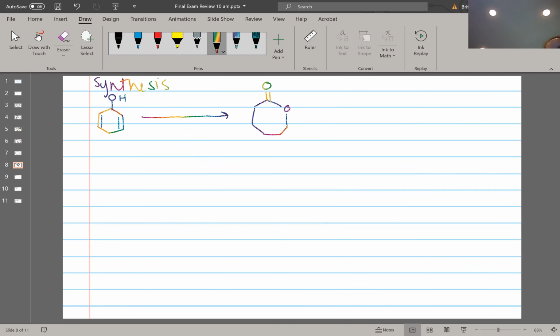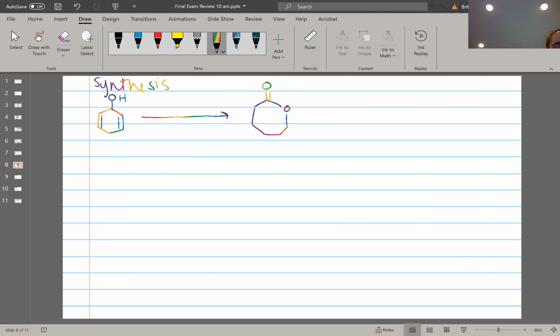So for slide 8, I wrote out a synthesis. This one kind of uses a lot of OCHEM 1. So I think for this one, the easiest thing to do is to work backwards.